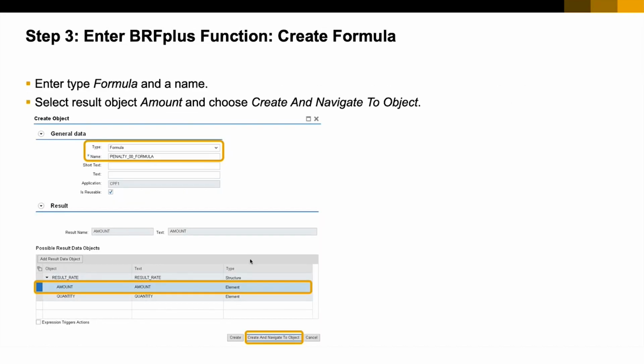Once you select that, it will give you a pop-up asking what type of expression you are trying to create. You select formula since it is a formula-based calculation, and give any name. You can set this as reusable or not; it doesn't really matter.